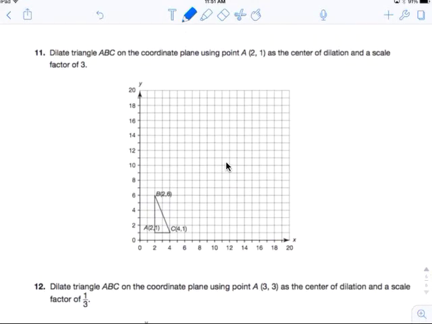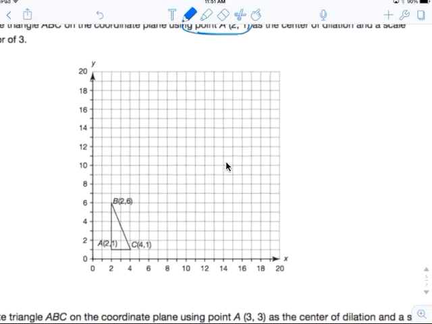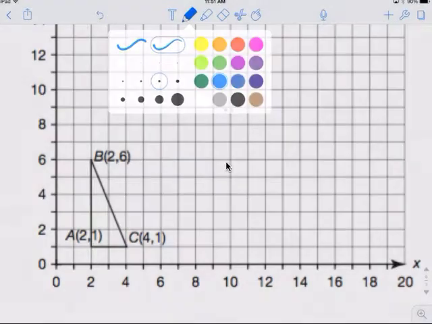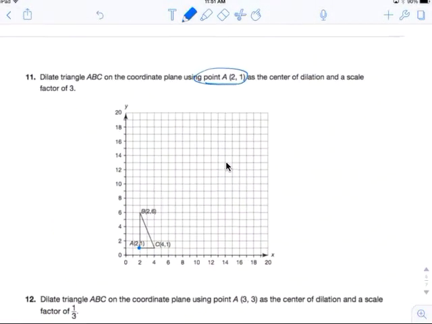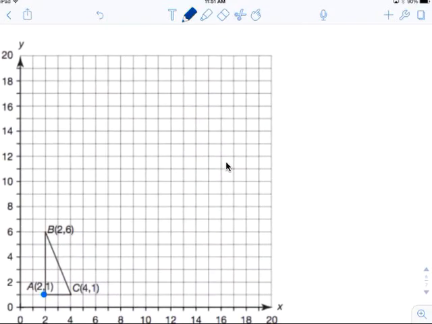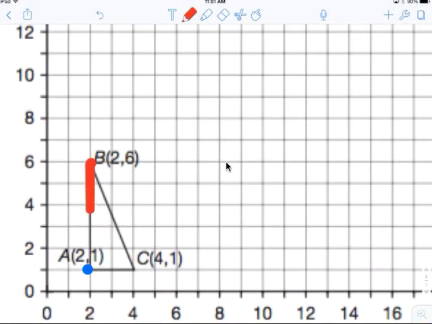Here, dilation of triangle ABC on the coordinate plane using this point as a center. Oh, that's not a projection anymore. So this is the center of dilation and a scale factor of 3. This is called scale factor 1 right here.